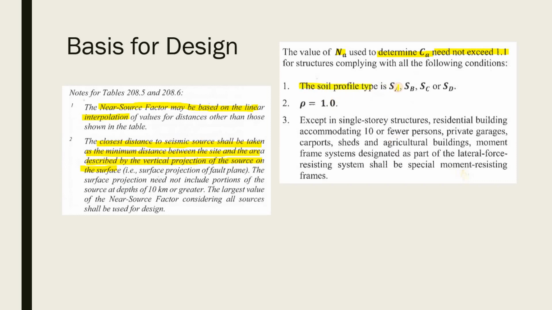The soil profile type is A to D. So, nagfo-fall siya dyan. The raw value is 1.0 except in single-story structures, residential building accommodating 10 or fewer persons, private garage, carports, sheds, and agricultural buildings. Okay, moment frame systems designated as part of the lateral force resisting system shall be special moment resisting frames.